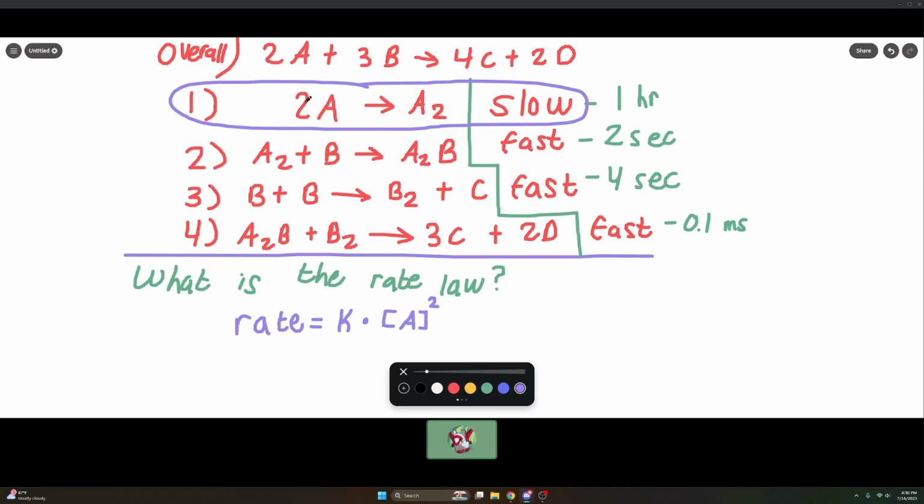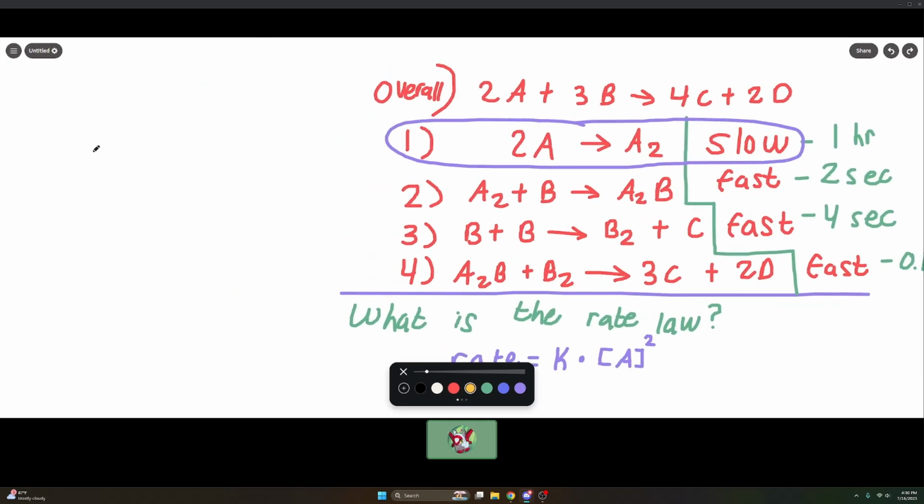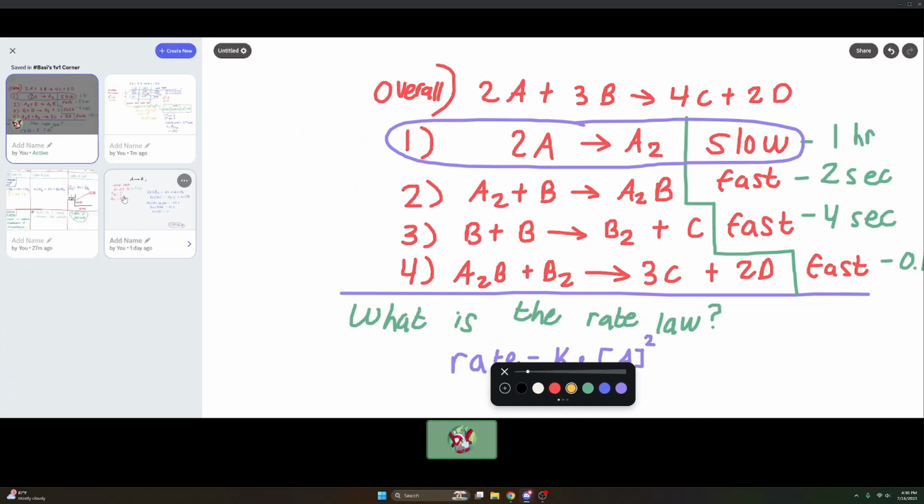Notice, literally, I just stole his coefficient. You can do that now. If I give you the mechanism, only if I give you the mechanism, then your coefficients are equal to your rate law. Why is that? Because remember back when I explained rate order in the first video. I erased it.